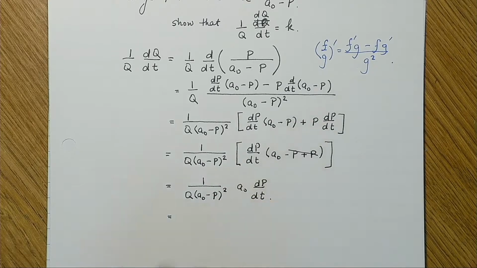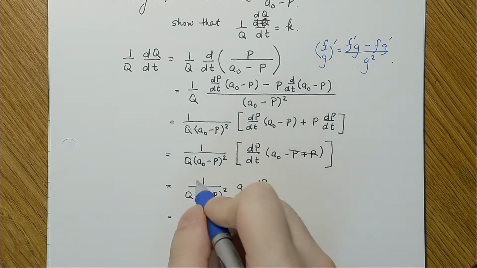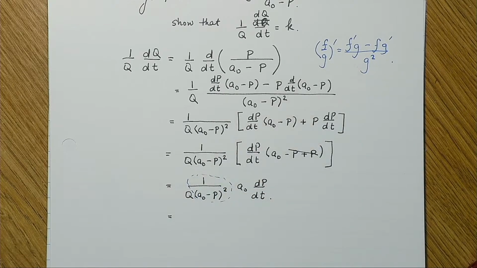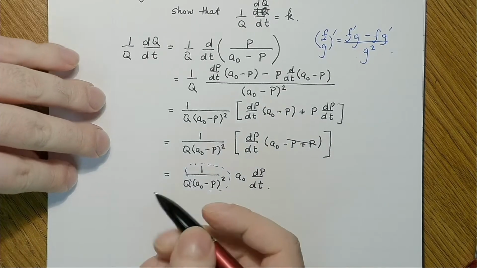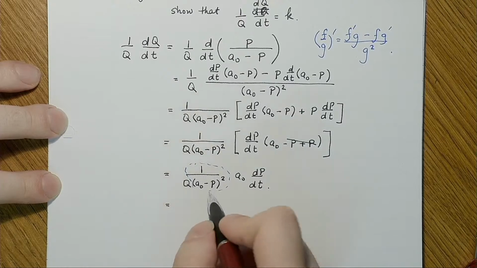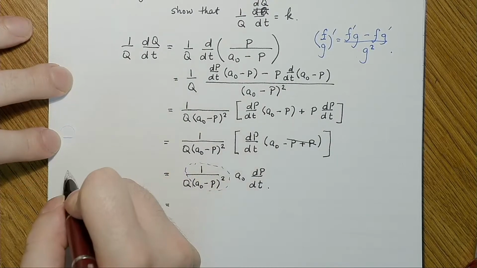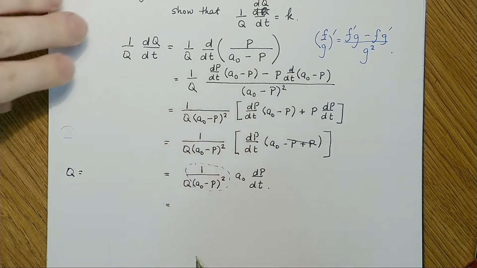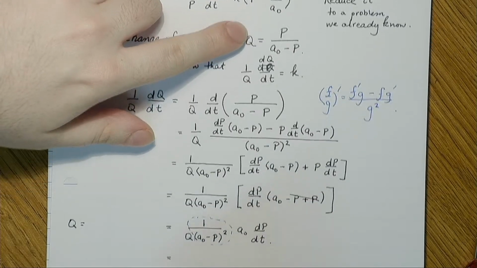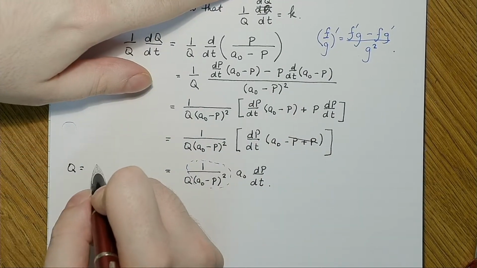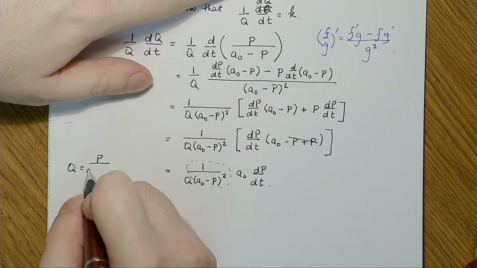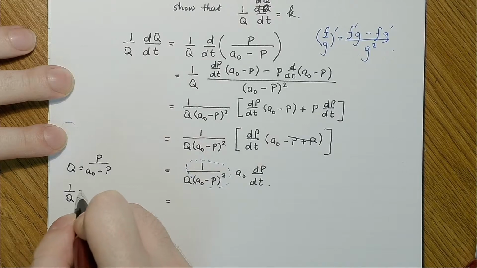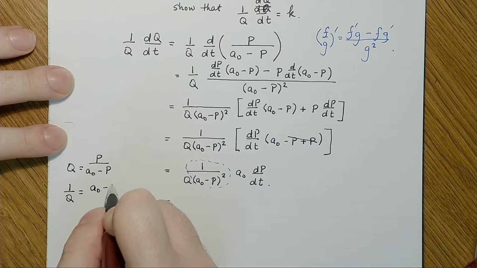So what I'm going to do is just kind of pair this together. So I know that q is equal to, because I had changed my variable, p over a naught minus p. And if I did 1 over q, that would be a naught minus p over p.